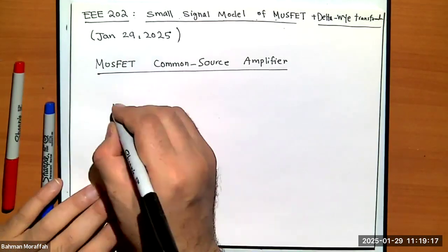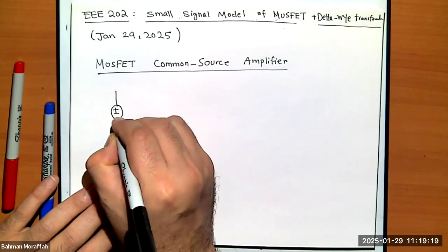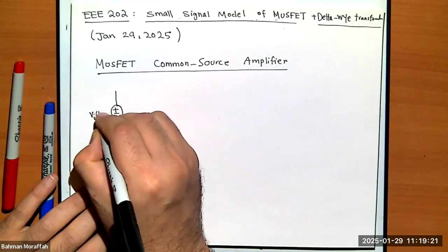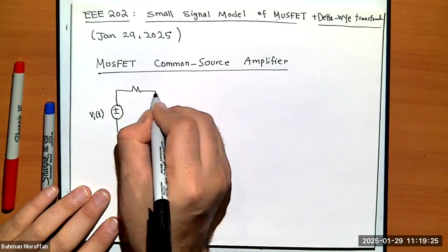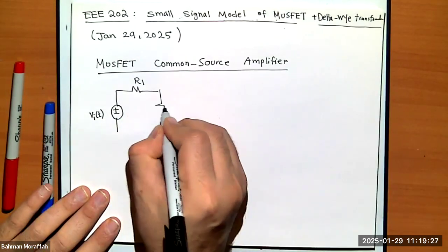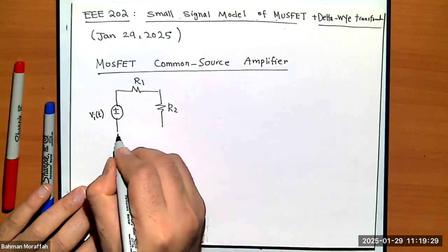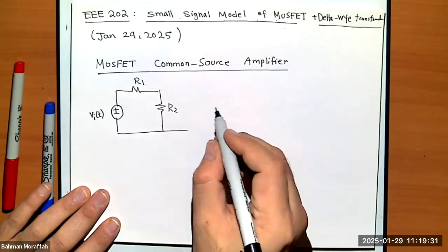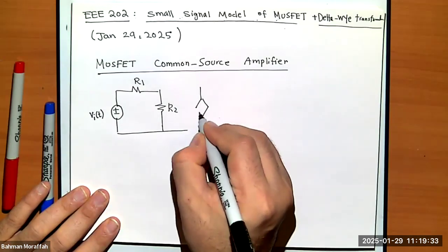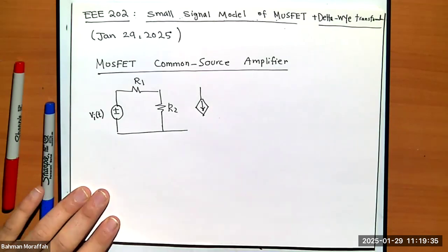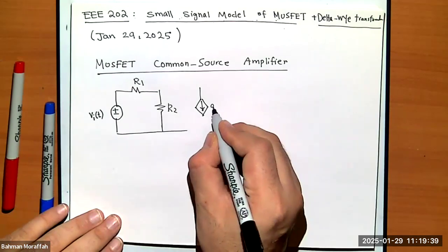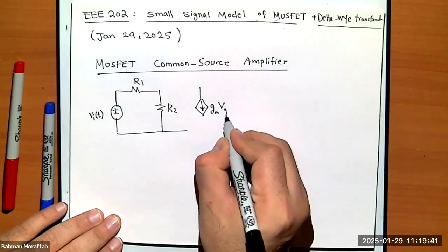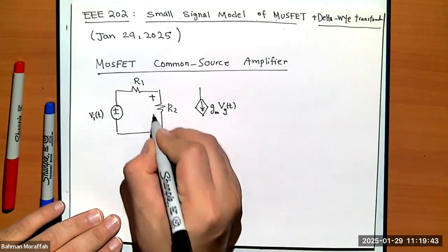The circuit is a voltage source that changes with time. It's followed by a resistance R1, another resistance R2. And then we have a dependent current source whose value is controlled by a voltage, VG of t, which is the voltage across this R2.